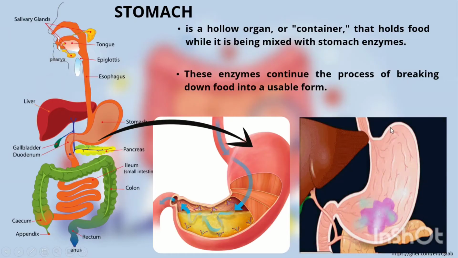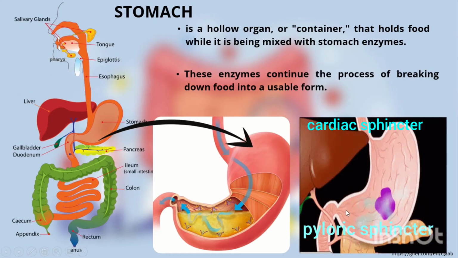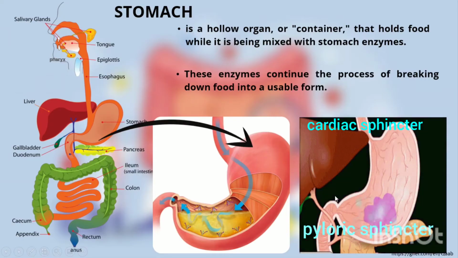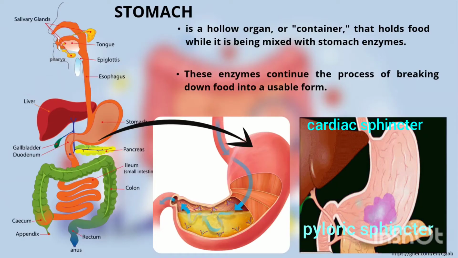So we have the cardiac sphincter, a flap-like structure that opens when food from the esophagus enters into the stomach, and the pyloric sphincter, which remains closed while food in the stomach is digested. After digestion, it opens to let out the undigested food into the intestines for absorption.